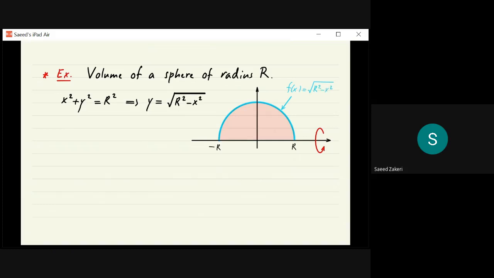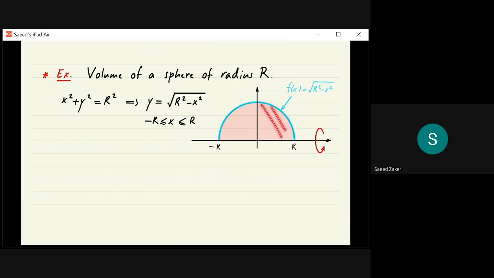That function, of course, x is here between negative r and r. That's the domain. So this function has its graph as this semicircle of radius r centered at the origin. So that's my f.